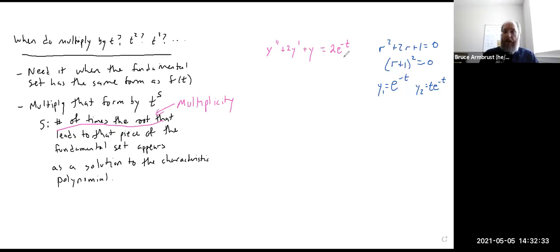And if you come back and you look at this, you'll see, okay, I need something, an e to the minus t. Oh no, that showed up in my fundamental set. Oh no, it shows up twice in my fundamental set. That means that my guess needs to be a t squared e to the minus t.